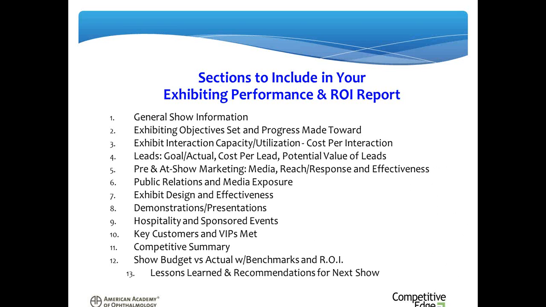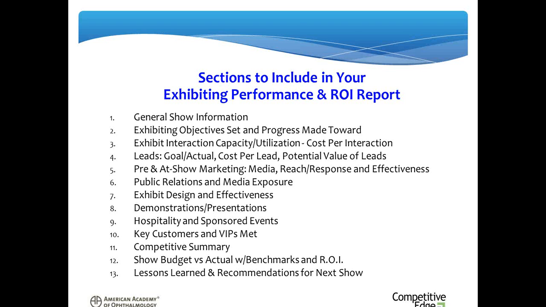It's an executive type read, but you can see that there's a lot that should be captured and reported: the show info, the goals and the progress, performance goals, capacity, utilization, cost, leads, what our marketing was, our PR, the design. All of this goes into that. And here's the beauty: once you create this once for one of your tier 1 shows like AAO, now you've got a template you can plug and play across, working backwards.